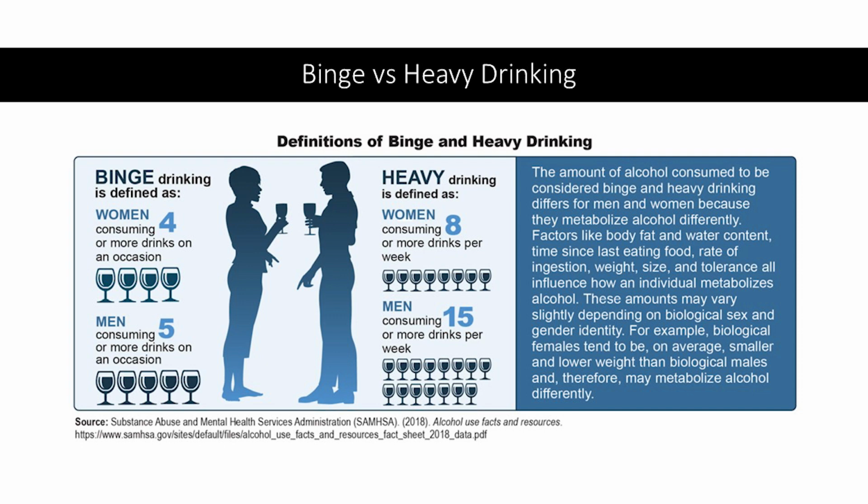And for men, it's 5. So just going over that limit. And then for heavy drinking, when a woman drinks 8 or more at one sitting, and for men, 15, then you're looking at a heavy drinking pattern. So that's what we need to be aware of as well.